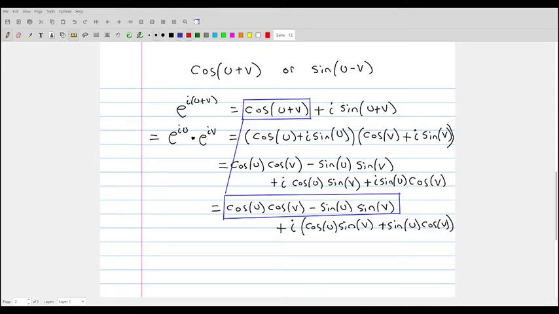And we've also shown that sine of u plus v has to be equal to cosine of u times sine of v plus sine of u times cosine of v. So Euler's equation is very, very powerful. It gives us a direct method of calculating and computing relationships like this.